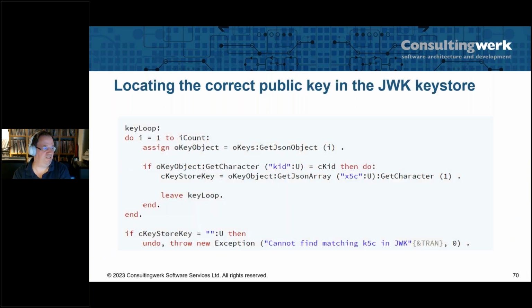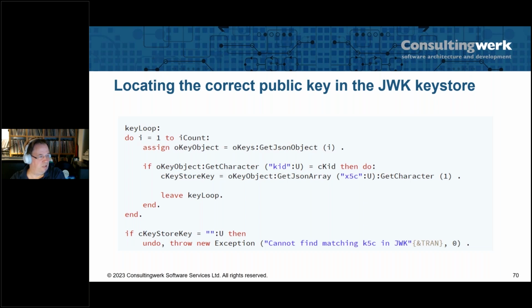So the first step we need to do is, after downloading the JSON document, we loop through the JSON array of key objects. We look for the one with the correct key ID. The key ID needs to match the one from the header of the JWT token. And when we have that, we take the X5C attribute from the JSON document.